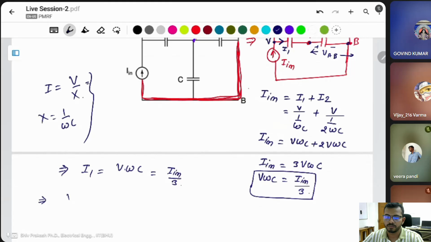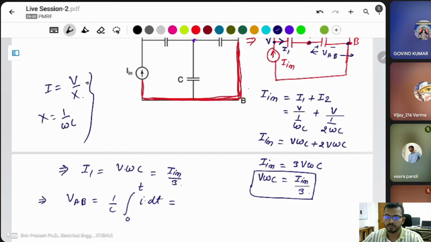For the capacitor, we know the voltage is 1 by C integration of I dt, from 0 to t. In this case there is a variable current, I is not a fixed current. If there were a fixed current, then we would simply get a constant.